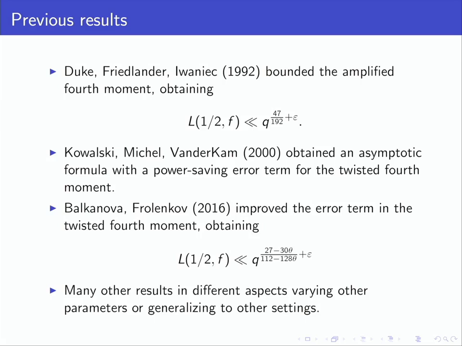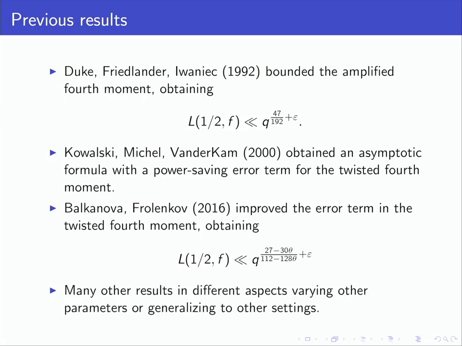Then in 2000, Kowalski, Michel, and VanderKam looked at the same family, and they looked at more general things than just amplifiers. They were able to mollify, and so they were able to prove non-vanishing results and things like that.